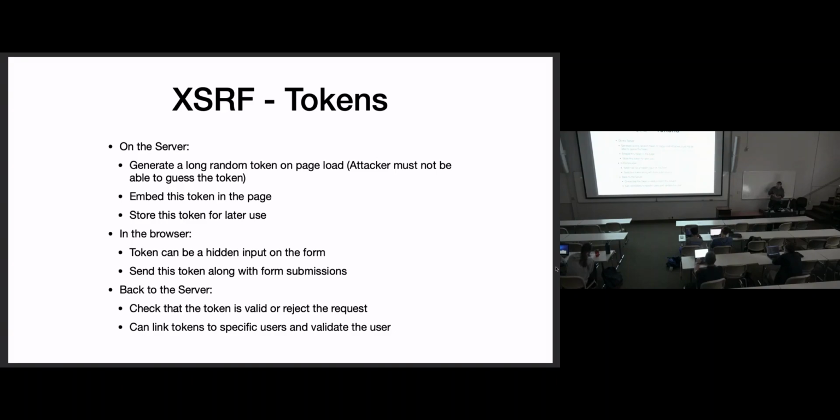Generate the token, embed it on the page, send it to the user, and then when the user submits that form, make sure that token was submitted with the form. Remember, the front end is a complete illusion. A request doesn't have to be made through that form.